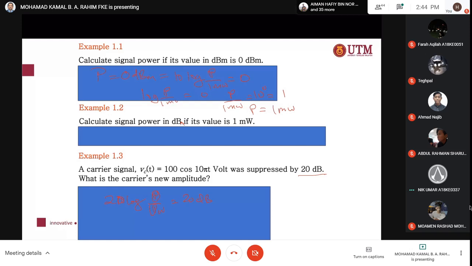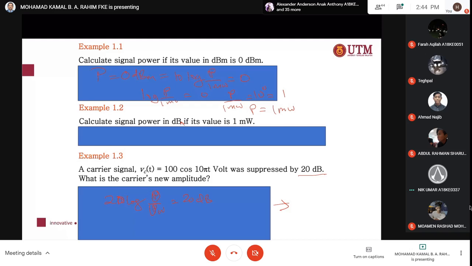You want to find the new value with 20 dB less, minus 20 dB, so you can get the value. Okay, because sometimes in the questions we give this signal suppressed, that signal suppressed, so you need to know how to change it.